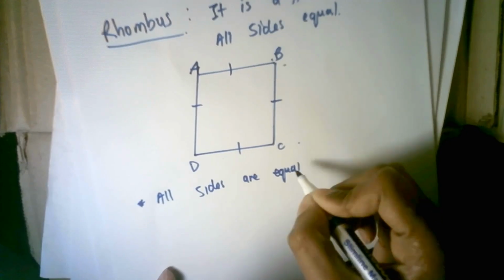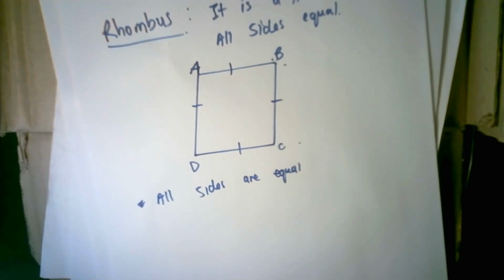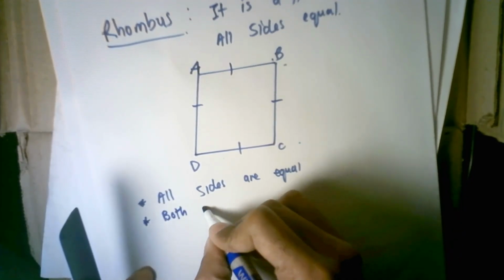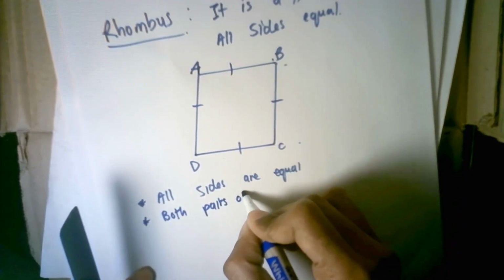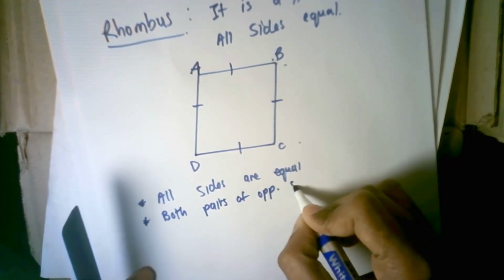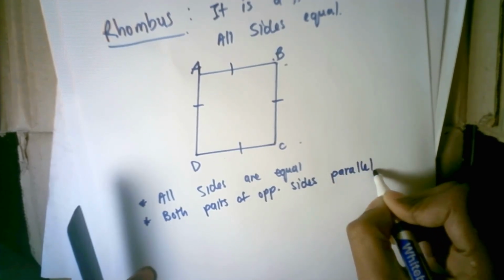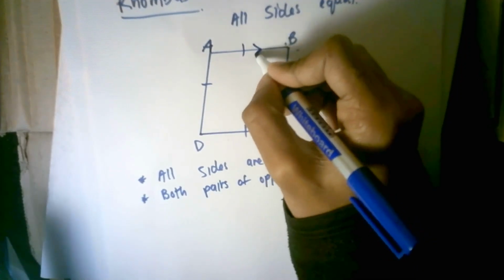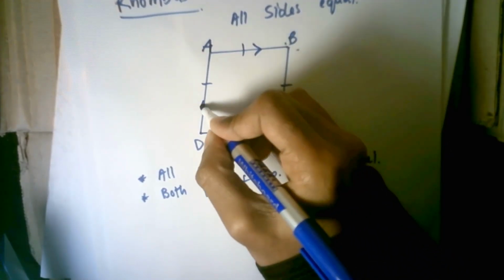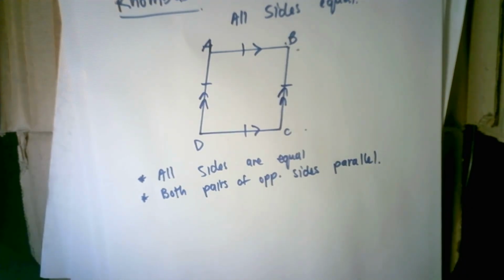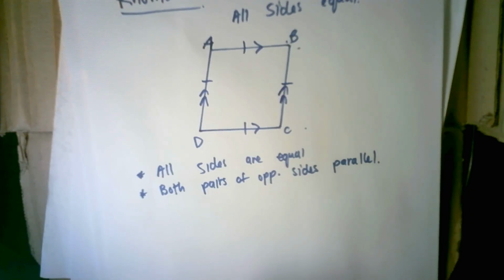And since it is a parallelogram, of course, both pairs of opposite sides will be parallel, right? So AB is parallel to CD and AD is parallel to BC.